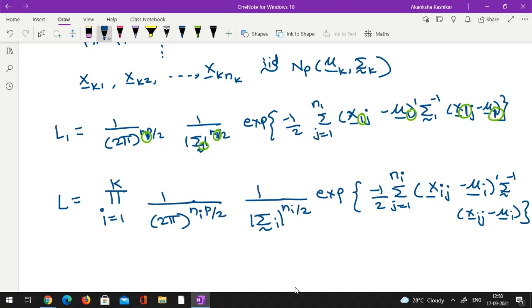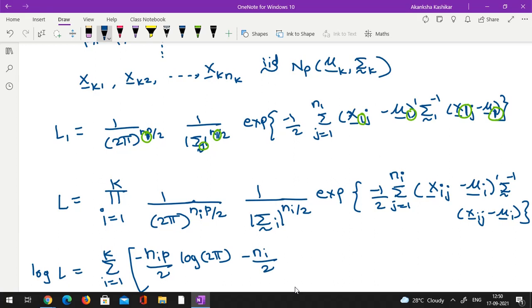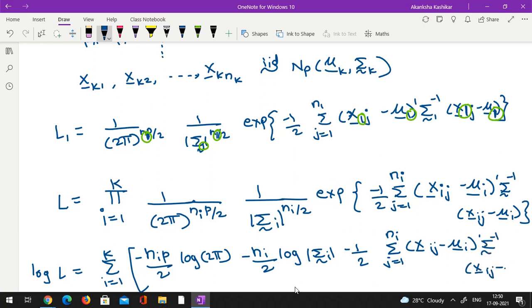Yes, ma'am. Now log likelihood. When I take log, it will be sum over i going from 1 to k of minus Ni p by 2 log of 2 pi, then minus Ni by 2 log of determinant of sigma i, minus half sum over j going from 1 to Ni of x ij minus mu i prime sigma i inverse x ij minus mu i.